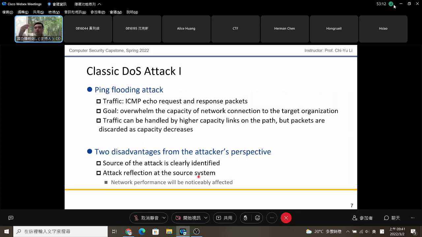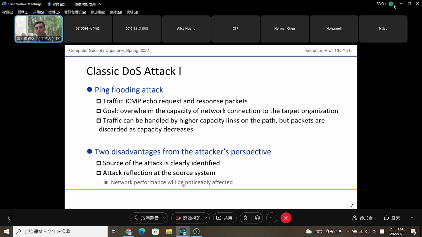So our network bandwidth will be consumed in the same volume as the target machine's. Network performance will be noticeably affected.